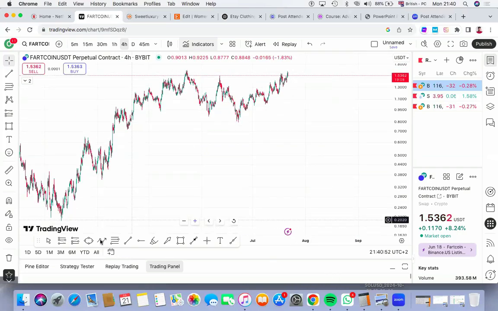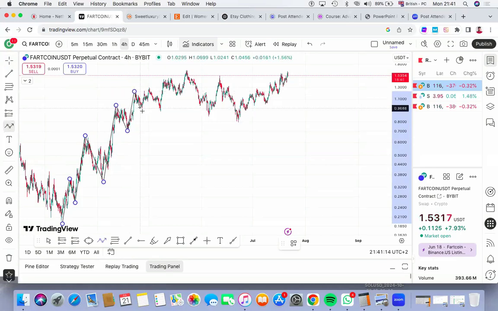Like this, and I'll pick my pen tool from here. So let's assume I want to draw my structure from here. All I have to do is pick my pen tool and start my drawing from here. So this is equal to this high.